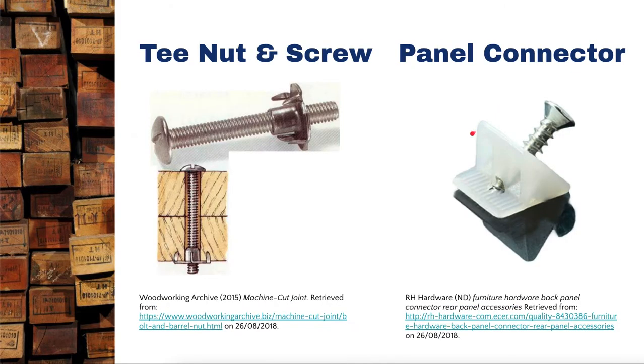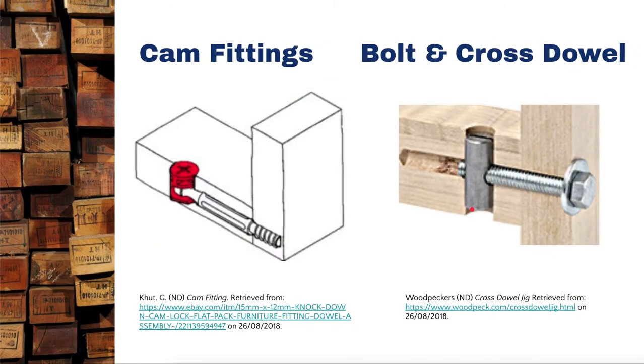The bolt and cross dowel, there's a bolt running through the center here. The cross dowel works like a nut. Okay, you run the bolt through, turn, and it pulls those two pieces together. Again, unlikely that you'll be able to pull those apart without undoing the bolt, pulling it out of that cross dowel nut.